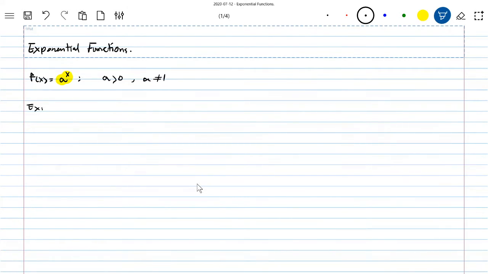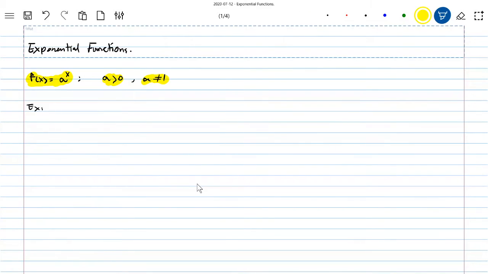That's why I say a is not equal to 1. And negative numbers cause some problem, as the square root of a negative number is a complex value. So when we discuss these functions, we avoid negative base as well. Exponential functions, normally we discuss with positive base.